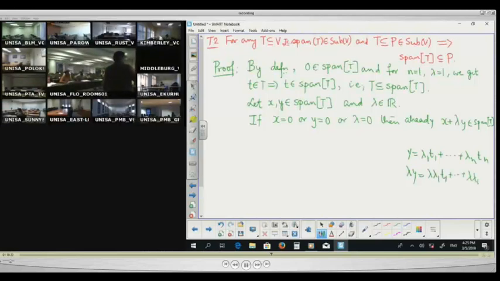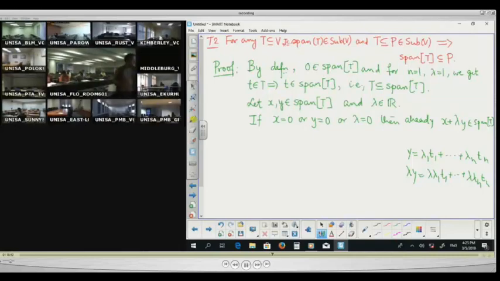If y is equal to 0 and x is not, then you have already told me that x is in span of T. If lambda is equal to 0, so in any case, if any one of these three is 0, then you have what you started off with.